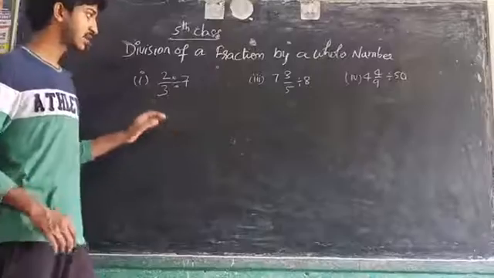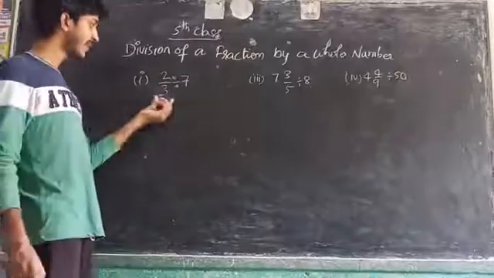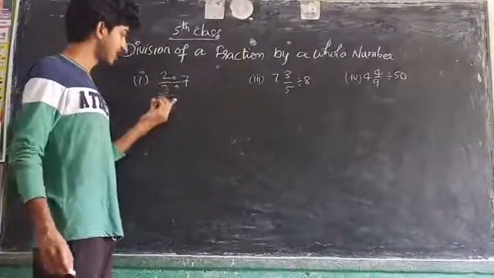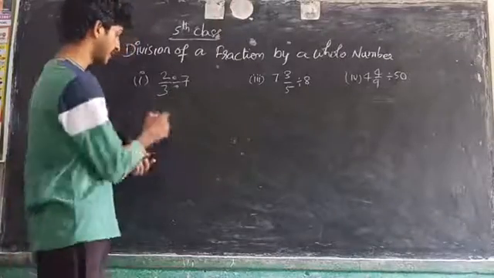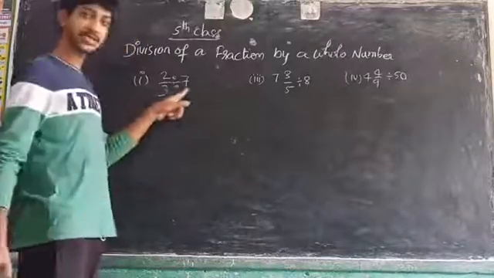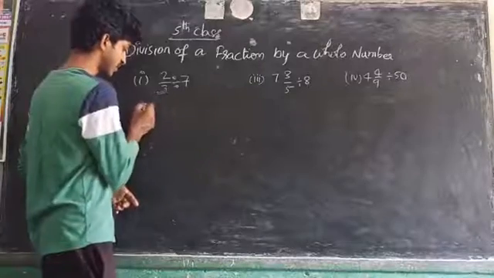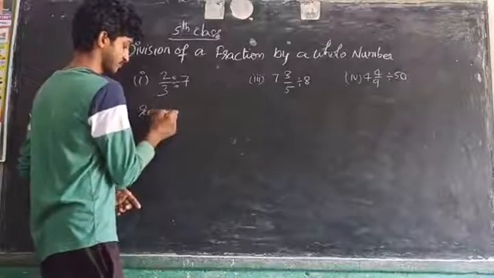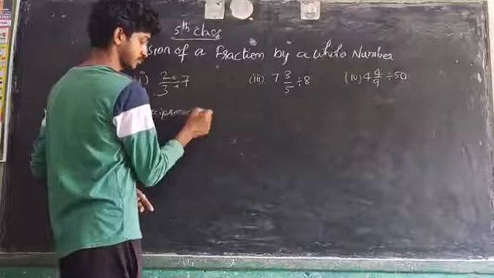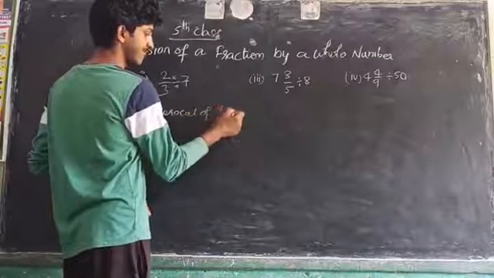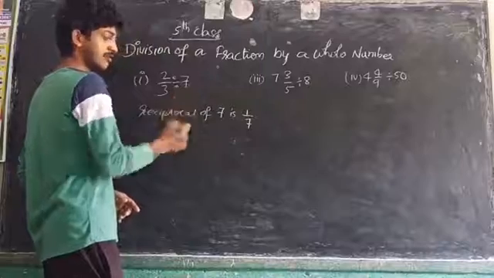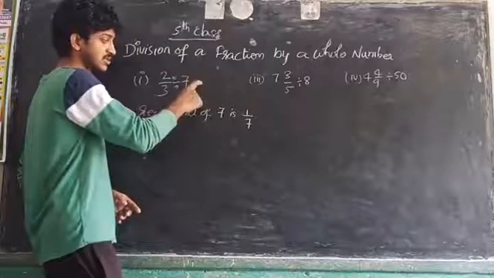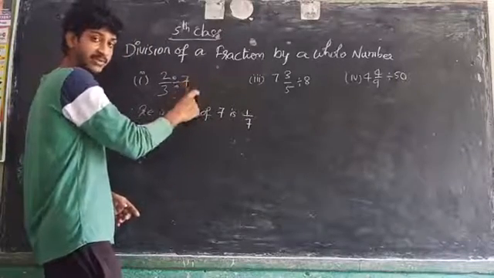Okay children, see here some example problems. 2 by 3 is divided by 7. Here is a fraction which is divided by a whole number. So take the reciprocal of the 7 here. So the reciprocal of 7 is 1 by 7. Because here 1 is the numerator, it becomes the numerator and 7 becomes the denominator.